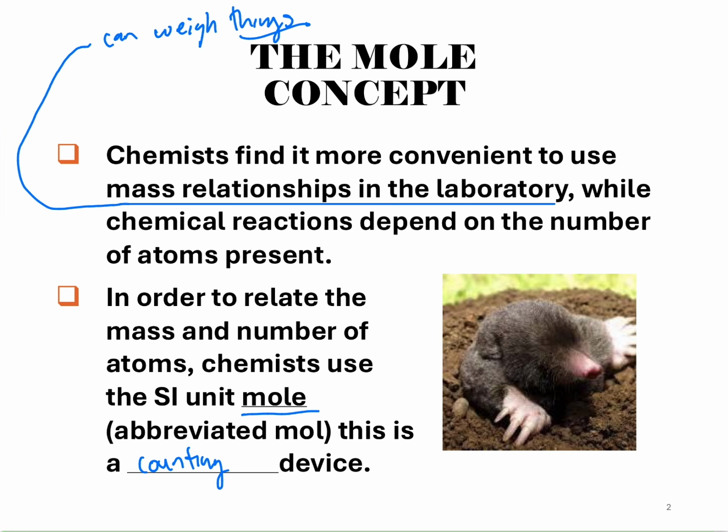So for example, a counting device that you're all familiar with is if we think about a dozen, right? A dozen things, right? 1 dozen things is equal to 12 of whatever that thing is, right? That's equal to 12 of that item specifically. And so 2 dozen, right?